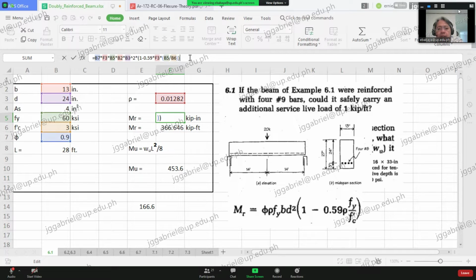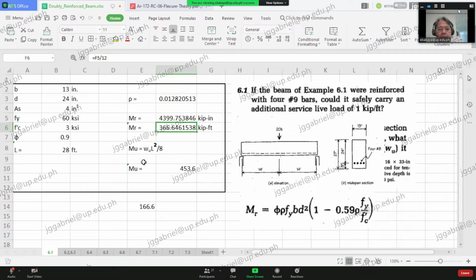Do you see it? Medyo maliit, no? Pero nakikita nyo ba? Yes, okay. Salamat sa nag-thumbs up. Anyway, we are just following this formula. Now, the answer there is 4,399.